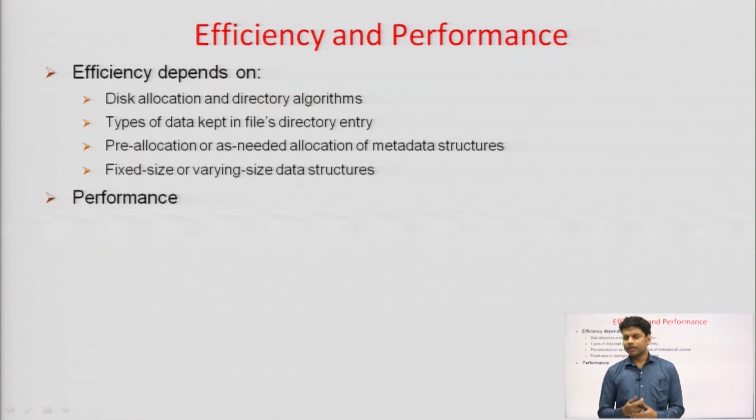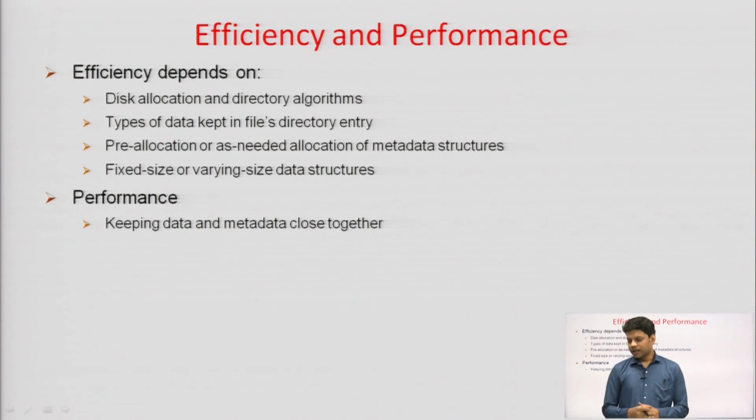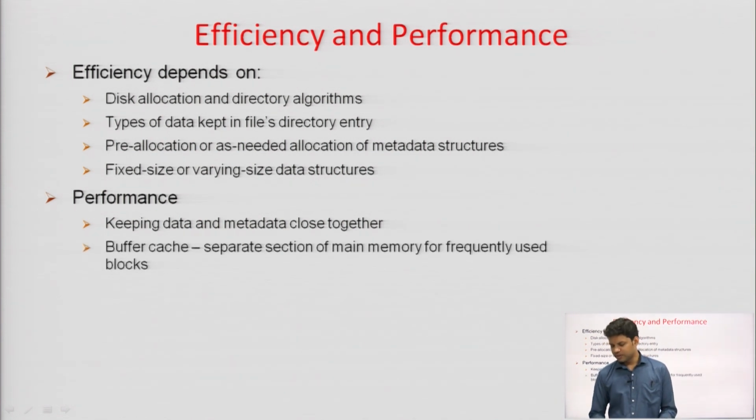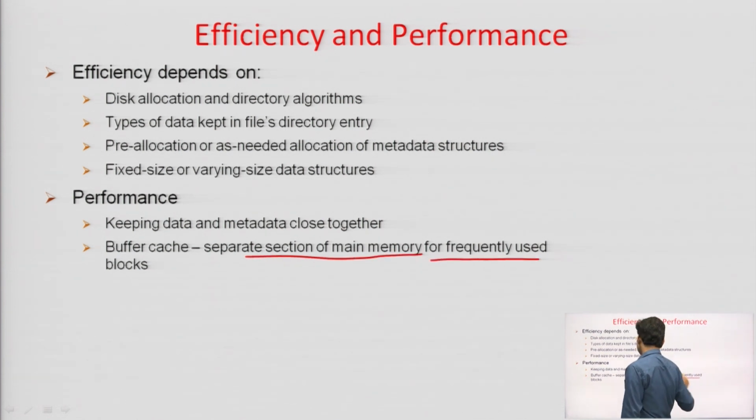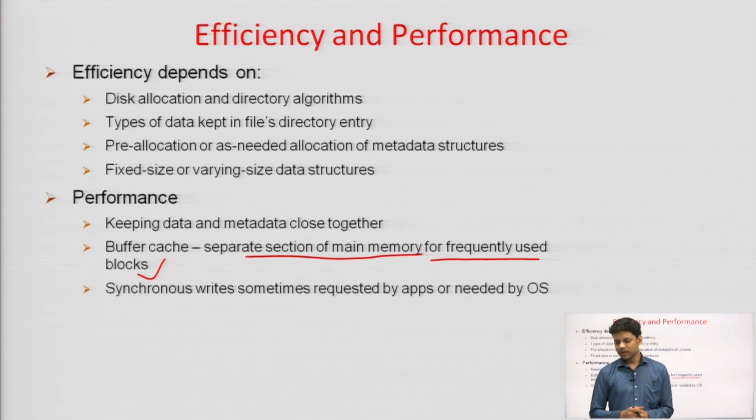Now, on what points does the performance of a file system implementation depend? Let us see. Keeping data and metadata close together will increase the performance. Use of a buffer cache, like a separate section of main memory for frequently used blocks, can also increase the performance.